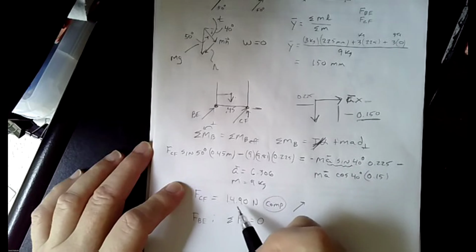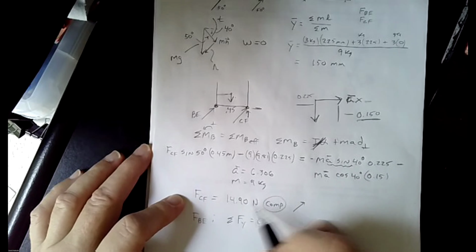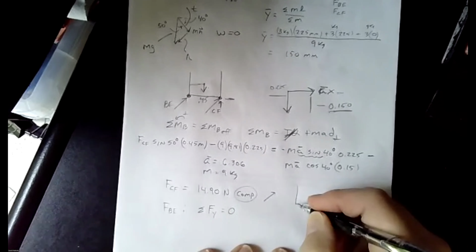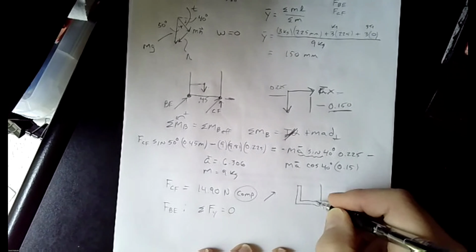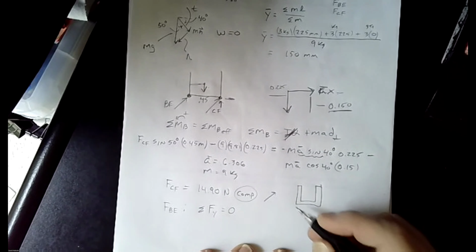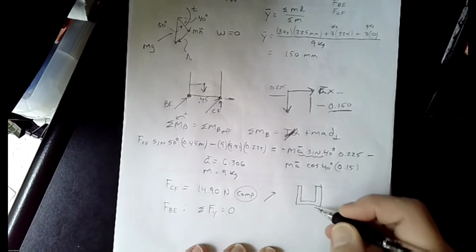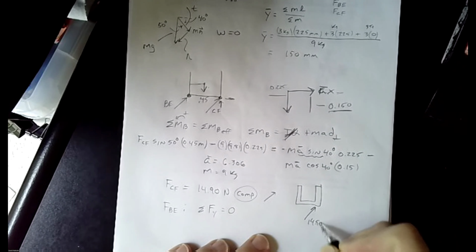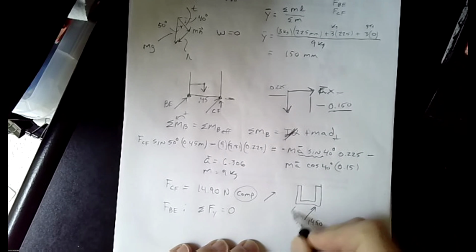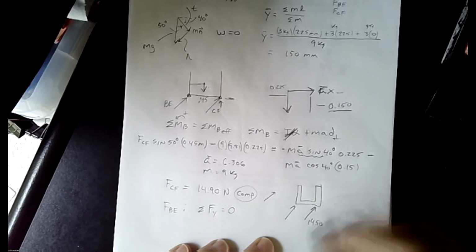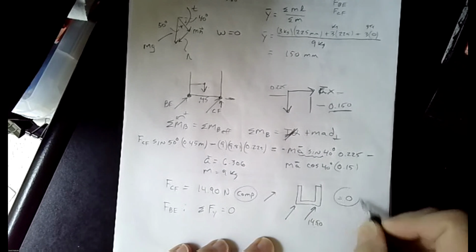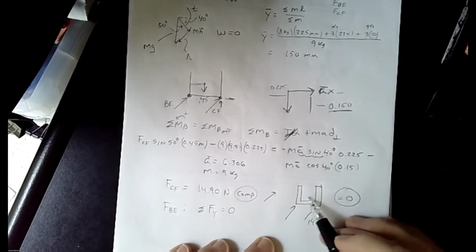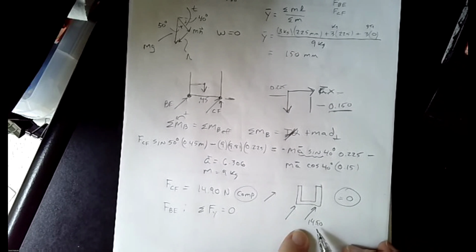But remember that once you find this, you know that the entire object has to still balance out in terms of force. What that means is that, yes, I have 14.9 going up in that direction, but I still have to balance it to equal 0 because the total mass of this can't be greater than the sum of these two.